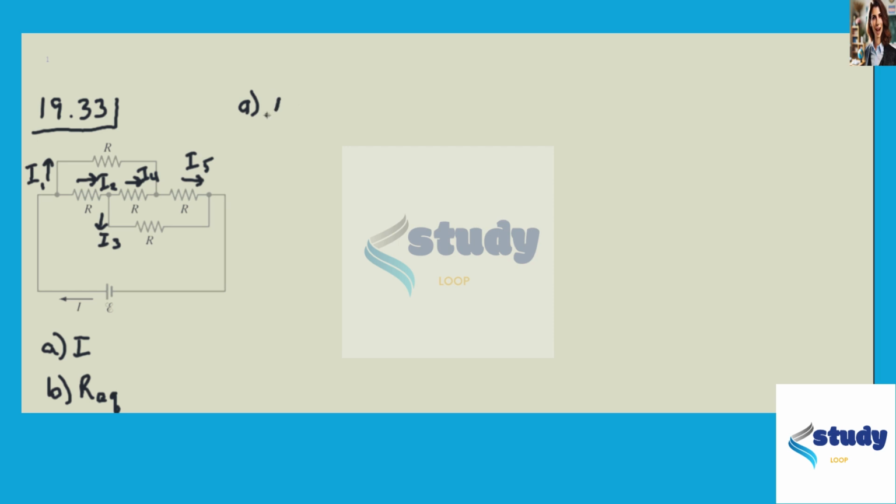So we start writing down Kirchhoff's rules. So we have a current I entering this junction, and I1 and I2 leaving it. I2 gets split up into I3 and I4.